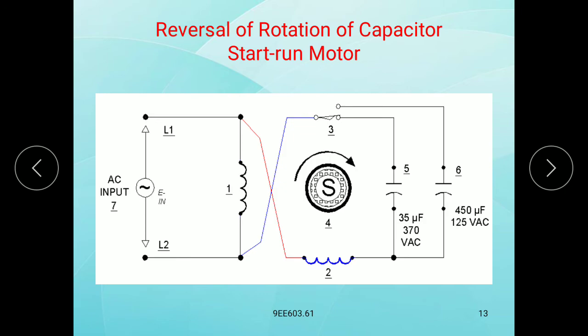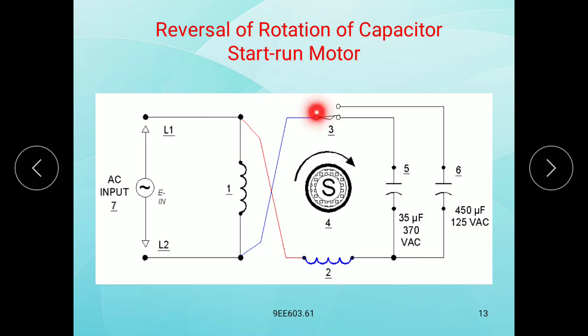Here is the reversal of rotation of a capacitor start run motor. This is the input AC and this is the supply. This supply is given to the main winding, and this one is the auxiliary winding. The main winding terminals are connected the same, but the auxiliary winding terminals are connected in reverse direction.